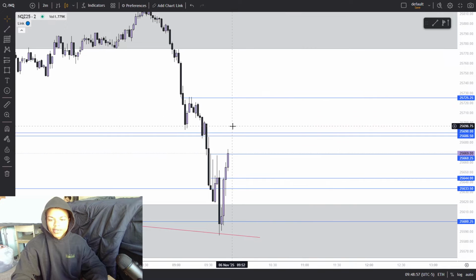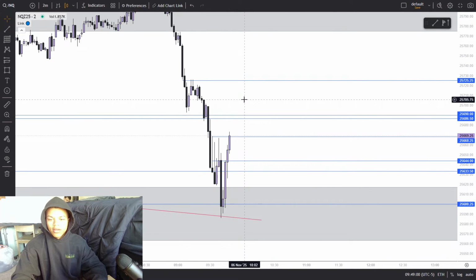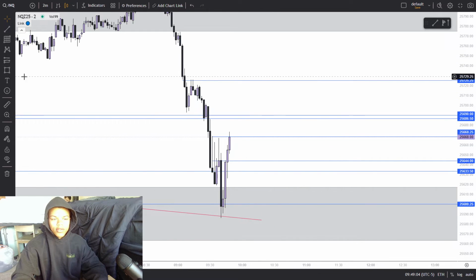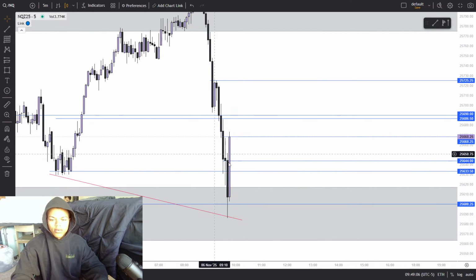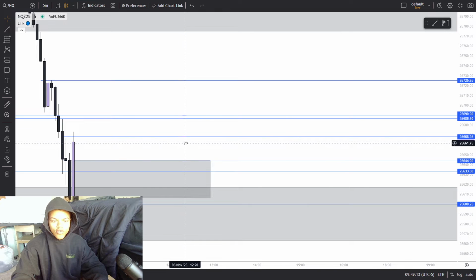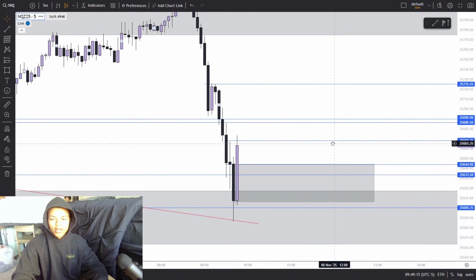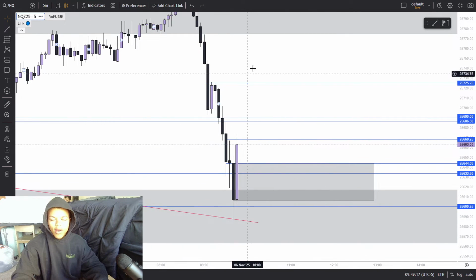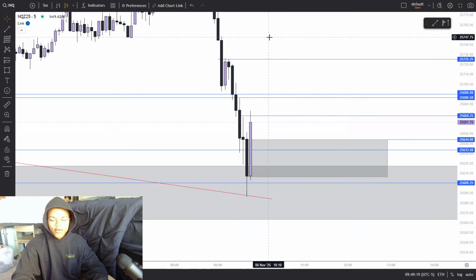We did have that displacement here on NQ. And there's a 5-minute order block that we can now validate. So I want to see a retracement back to that, and we can test these equal highs. I feel like that would be a nice low-hanging fruit.